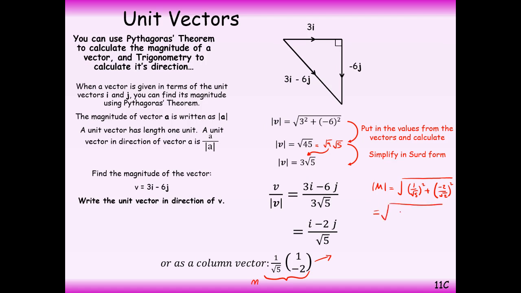Under the square root, I will have 1 over 5 plus 4 over 5. One fifth plus four fifths is five fifths, which is 1. The square root of 1 is 1, so you see, it works out.